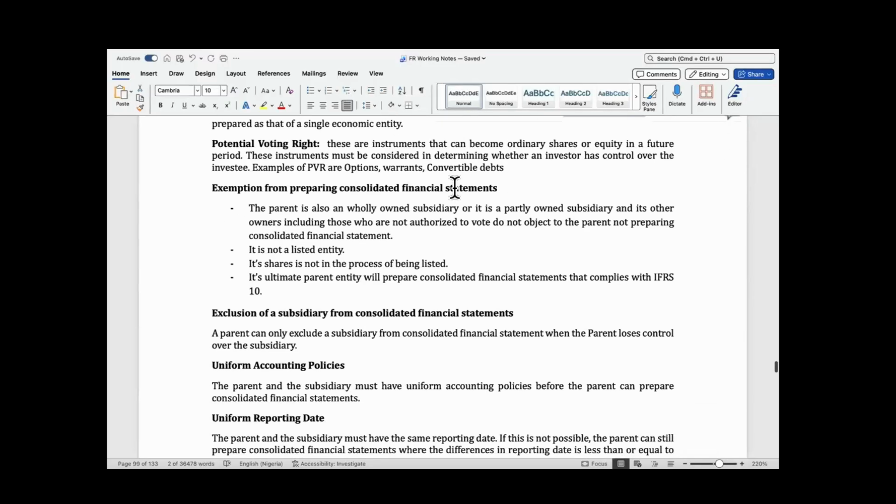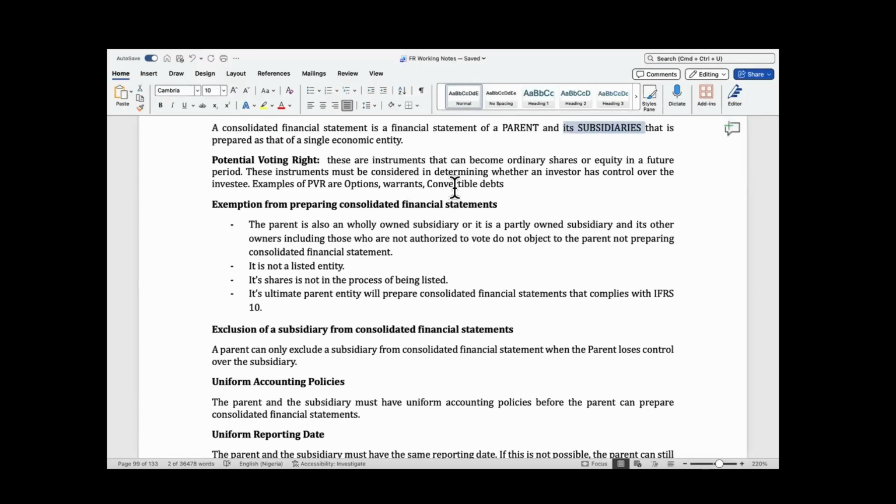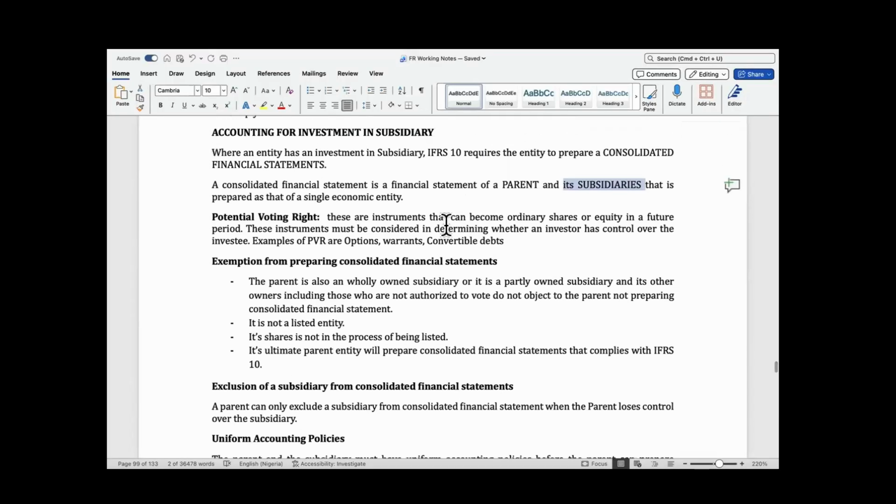Now, before you go ahead and prepare consolidated financial statements, there are some things we need to consider. Number one is what we call potential voting rights. These are majorly instruments that can become ordinary shares or equity in the future, like options, warrants, convertible debts. These are instruments that can convert to shares. You need to consider them to know whether you have control.